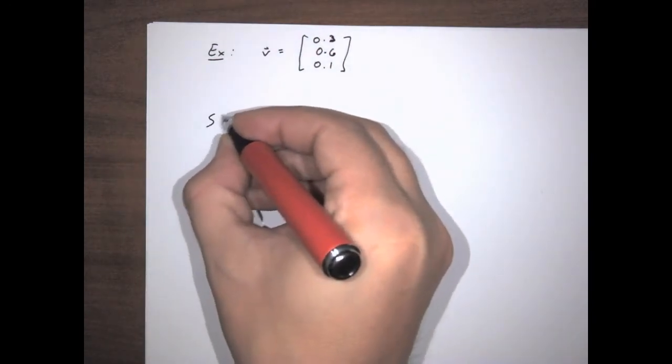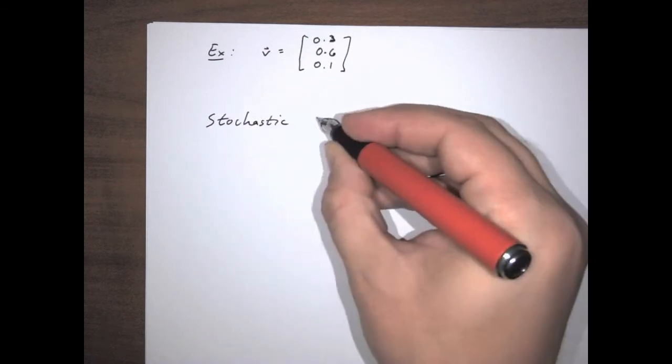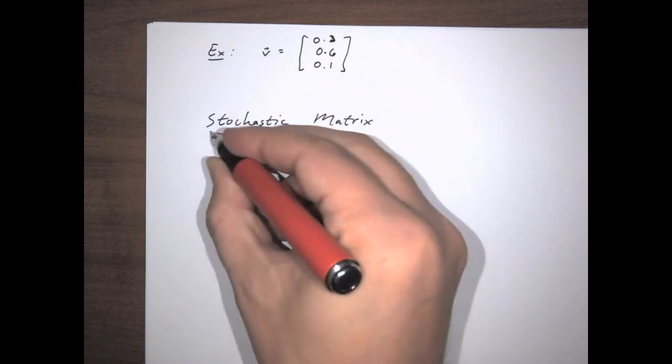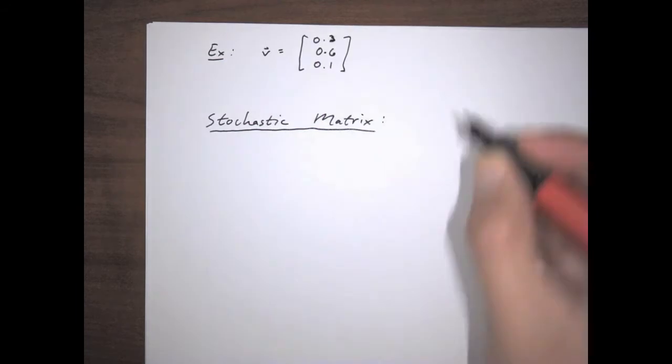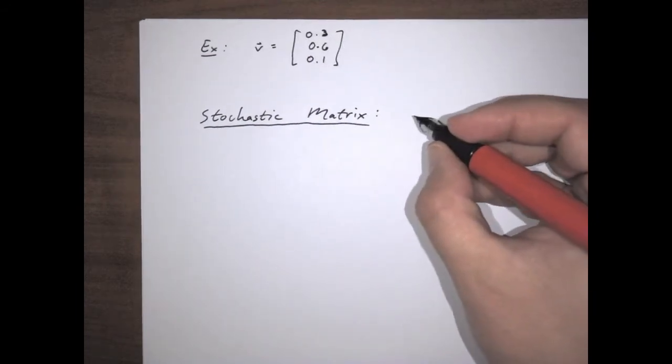Now, stochastic matrix. This is a matrix, each of whose columns is a probability vector.